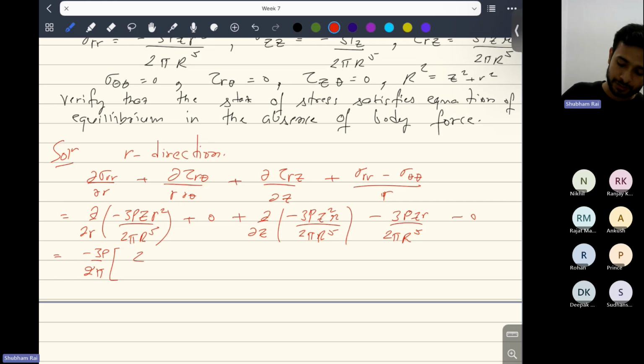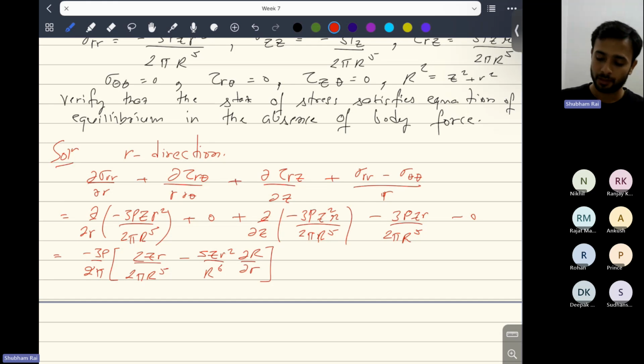So this will be 2zr over R to the power 5 and plus, then you have to differentiate this capital R to the power 5, which will be minus of 5 z r square over capital R to the power 6, and then you have del of capital R over del small r. Okay, this is what we will get from the first term.